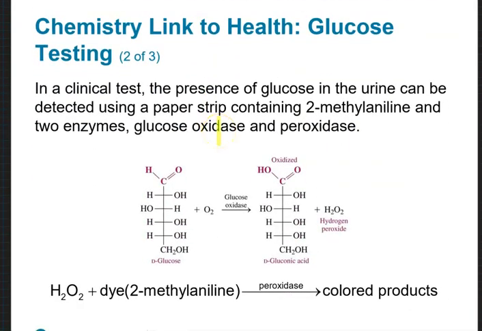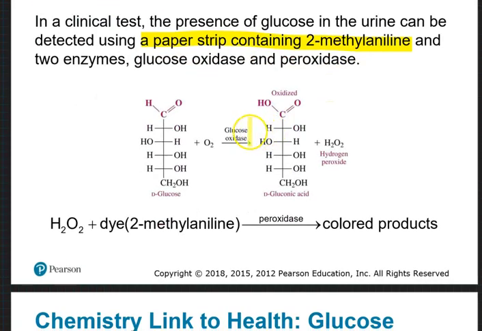So, glucose in the urine can be tested by a paper strip. Don't remember, did we already work with fake urine? We didn't? No. We're going to work with fake urine. So basically doing the urine test, urinalysis, okay? So what happens in this testing, you have glucose, and there is an enzyme in the strip called glucose oxidase.